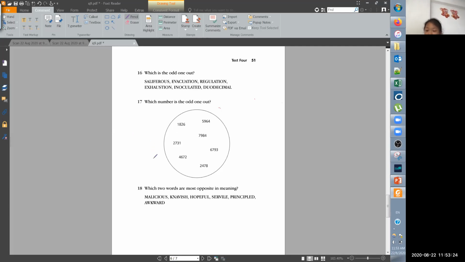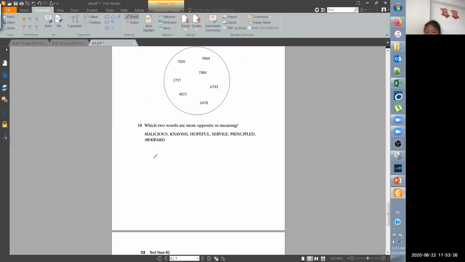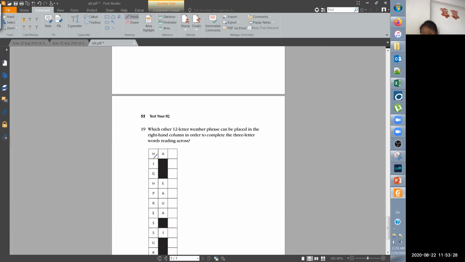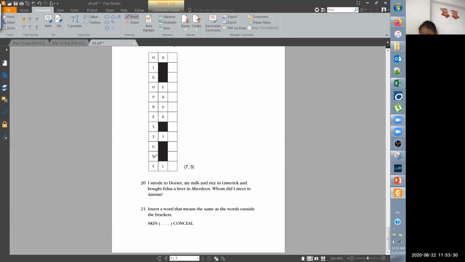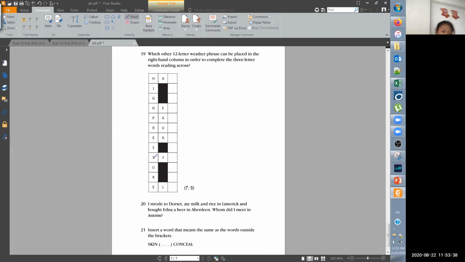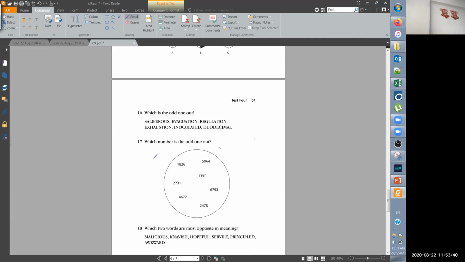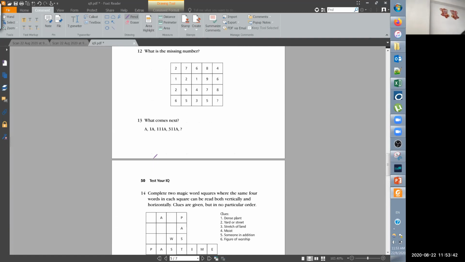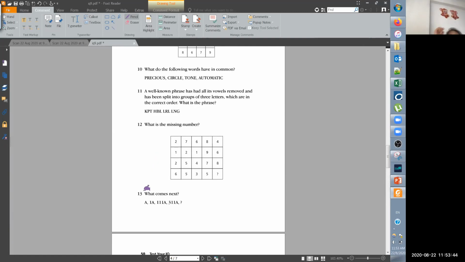继续，18不用，19不用，20不用，21不用。Okay, so 这个题目我觉得这个还是13 I think it's something new.